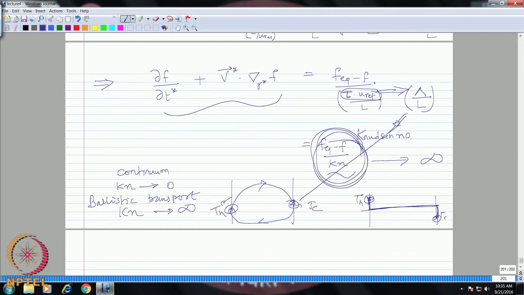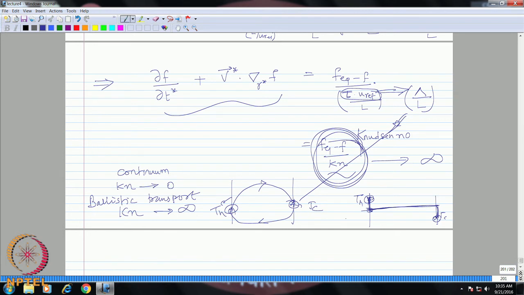At the boundaries there will be a discontinuity, because the phonon which is coming from the cold side will have a lower density compared to the boundary. Similarly, the phonon going from the hot to the cold side will have a higher energy density compared to the cold boundary. So, therefore, it has to only now have a discontinuity as the solution.